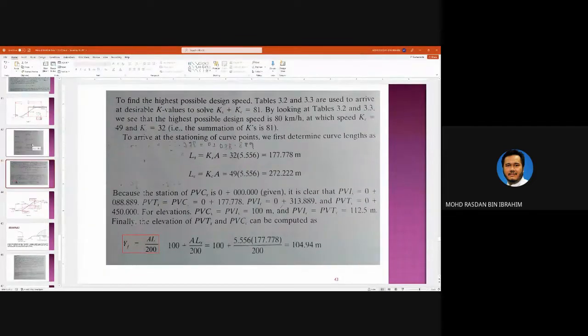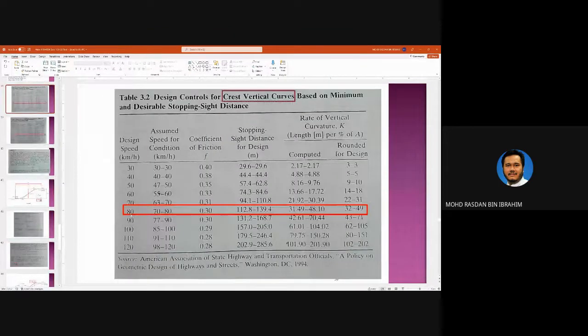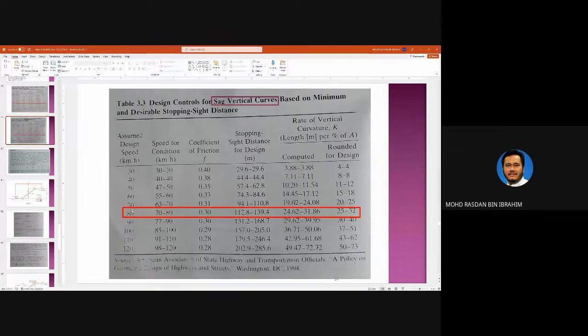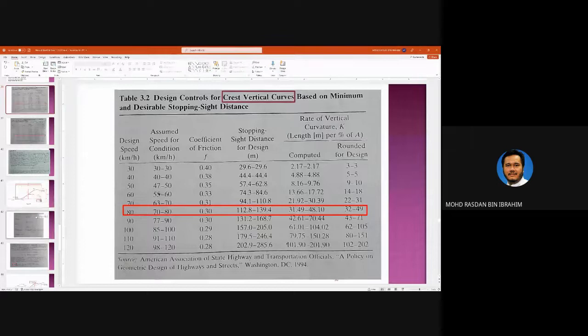Tengok sini. At 80 kilometers per hour, the K value is 49 for the crest vertical curve. And here, at 80 kilometers per hour, the K value for the sag vertical curve is 32. So 32 plus 49, with the same design speed of 80 kilometers per hour, you get 81.